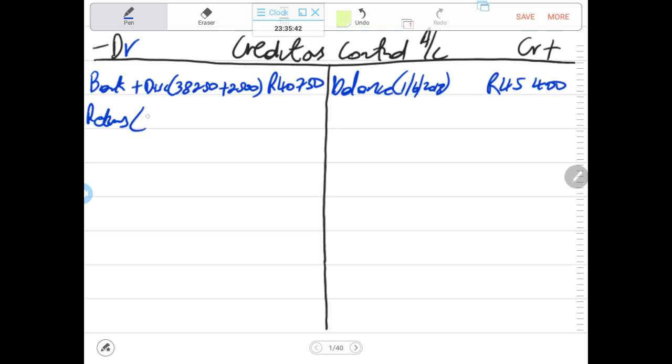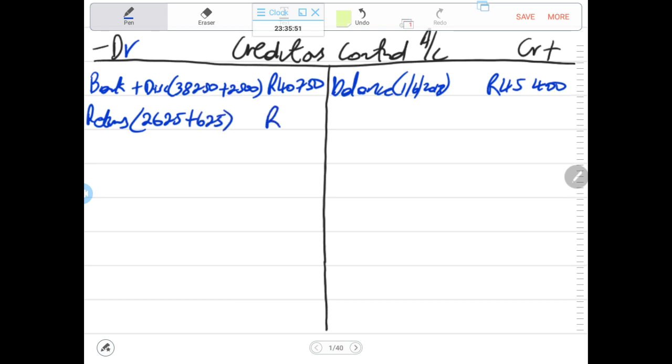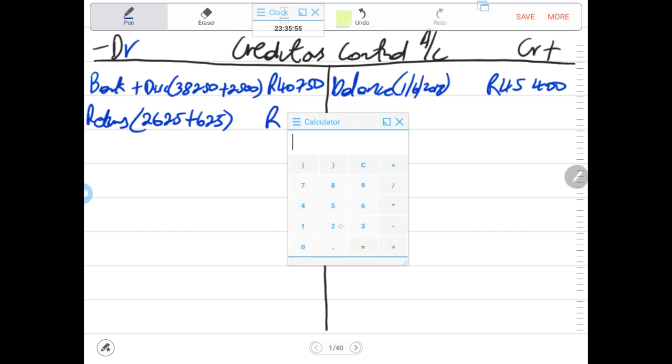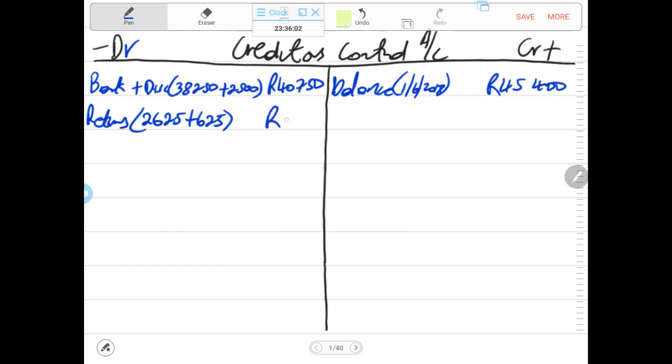Returns, we have 2,625 plus 625. Then if there's no other entry to be recorded, our total will be 2,625 plus 625. This will give us 3,250.